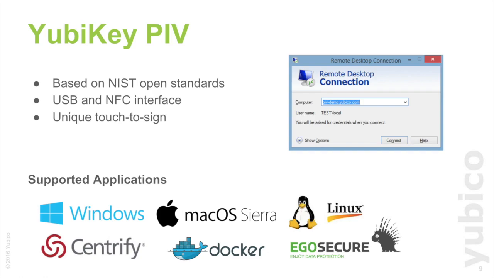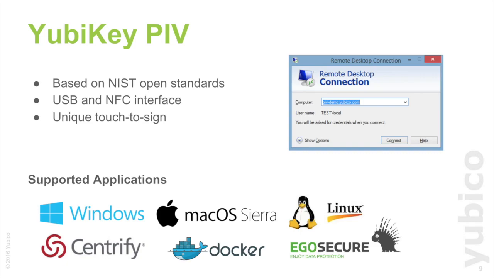The YubiKey works as a smart card over both USB as well as NFC for supported Android devices. When plugged into a computer, the YubiKey identifies not only as a smart card, but also as a smart card reader, meaning that it requires no additional hardware, no additional software, no additional middleware, and no additional drivers.